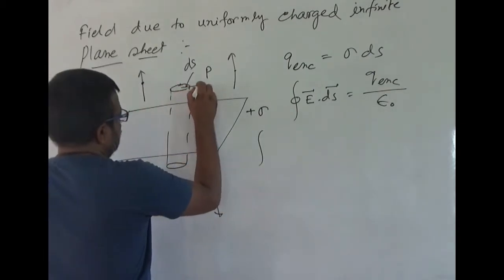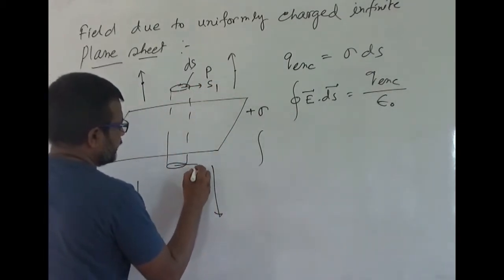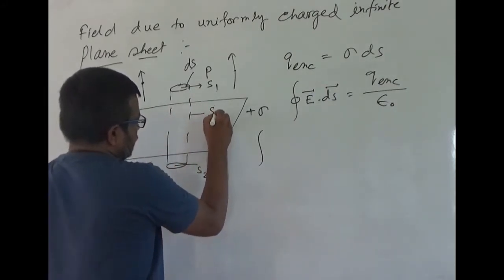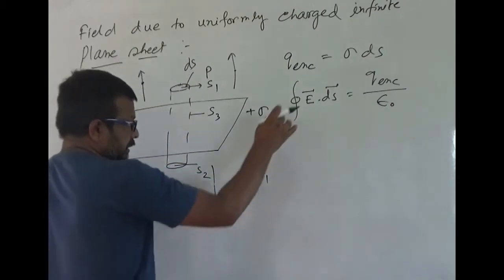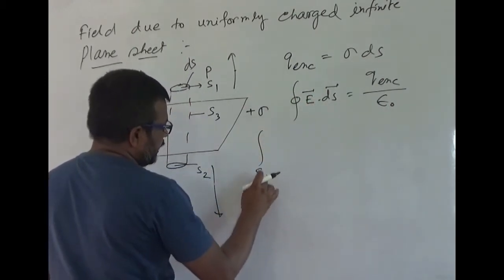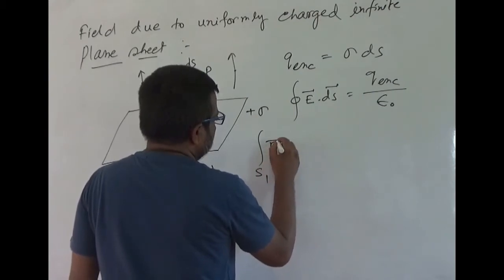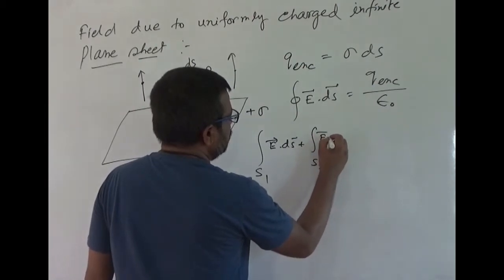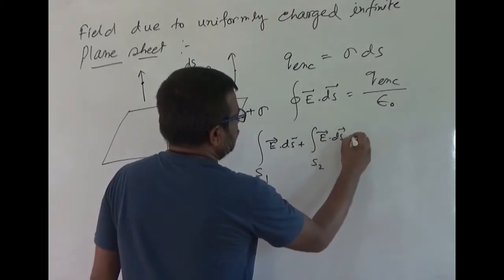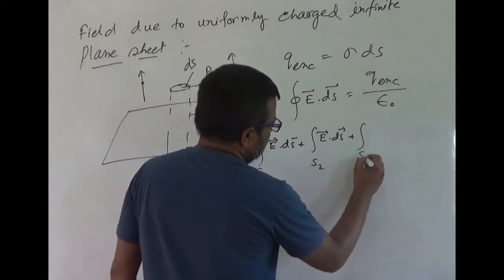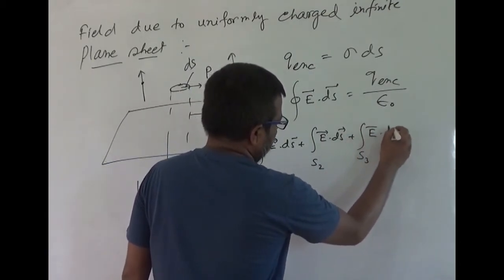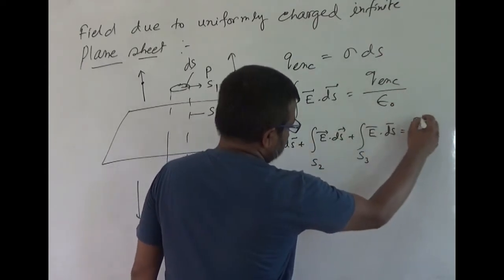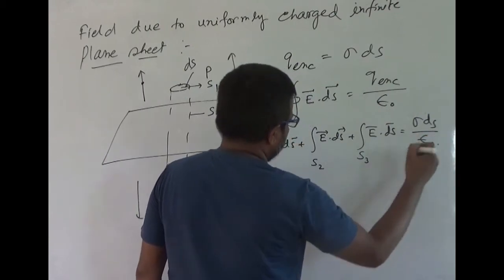One is this plane surface S1, another is this plane surface S2, and the third one is the curved surface S3. Therefore, we can write this closed integral as the integral over S1 of E dot ds plus the integral over S2 of E dot ds plus the integral over S3 of E dot ds, which is equal to Q enclosed, that is sigma ds, divided by epsilon naught.